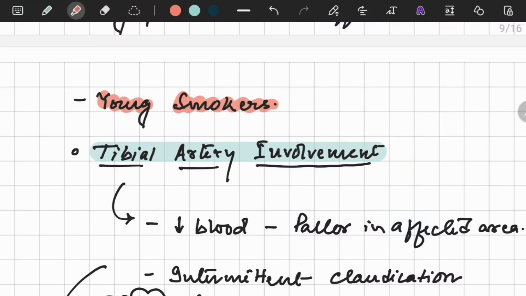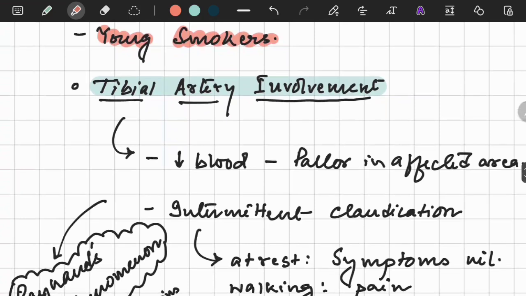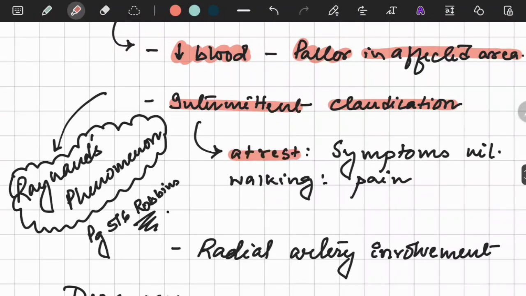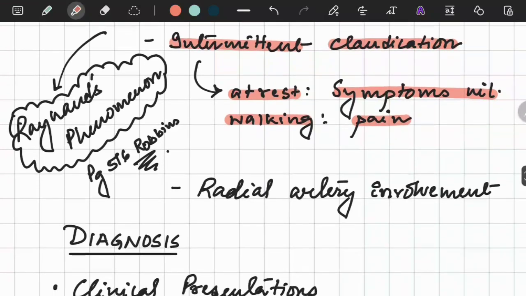At times there is tibial artery involvement. As a result, there is decreased blood supply and pallor in the affected area. There is presence of intermittent claudication. At rest, symptoms are not present, but while walking, the pain increases.